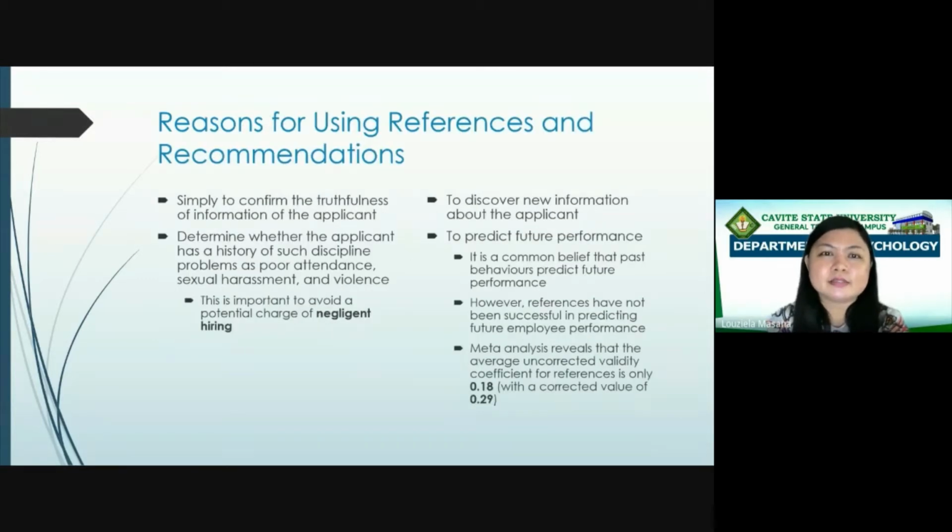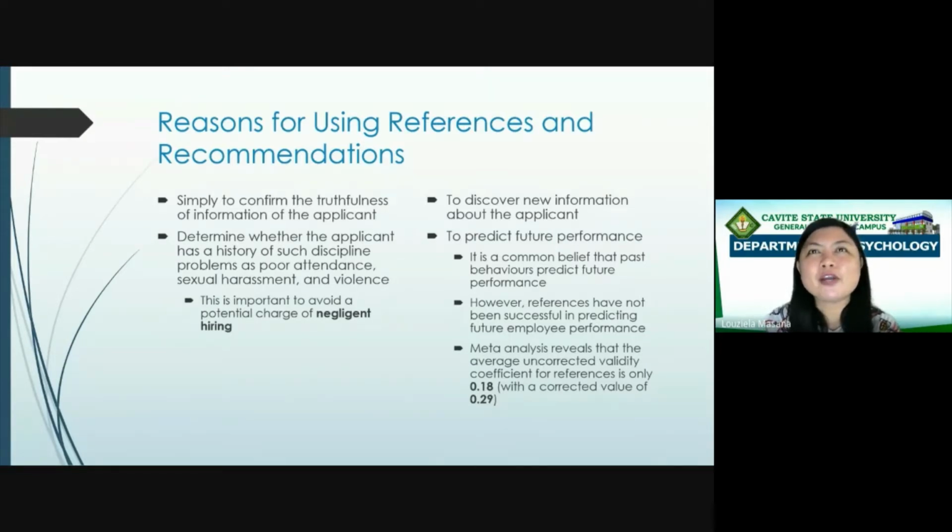And then, we have to avoid negligent hiring. Ano yung negligent hiring? Kaya natin ginagamit yung references and recommendations kasi nakikita natin doon whether yung applicant ay mayroong past, let's say, bad record sa company, past experiences before.